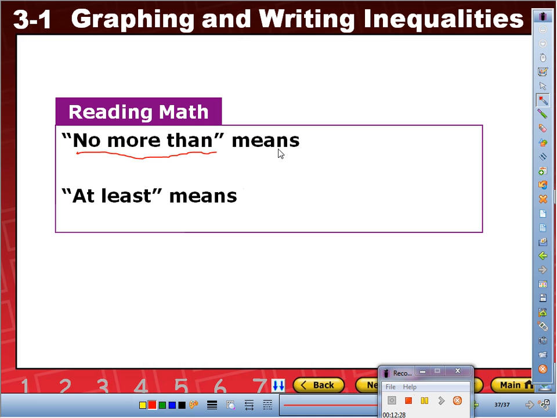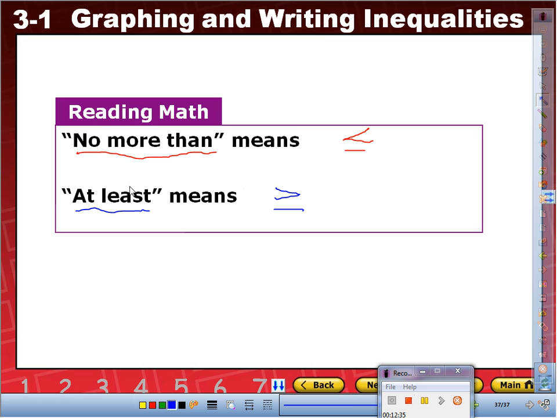No more than means less than or equal to. At least means greater than or equal to. So these are the keywords that you're going to look for on the word problems.